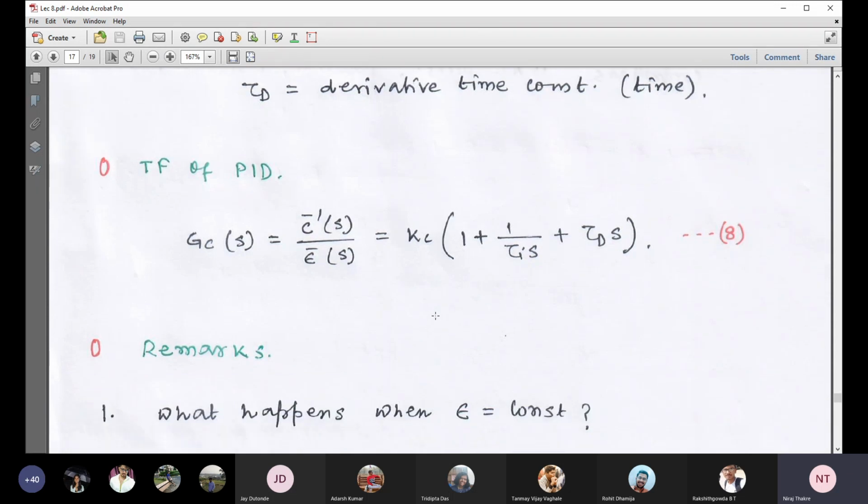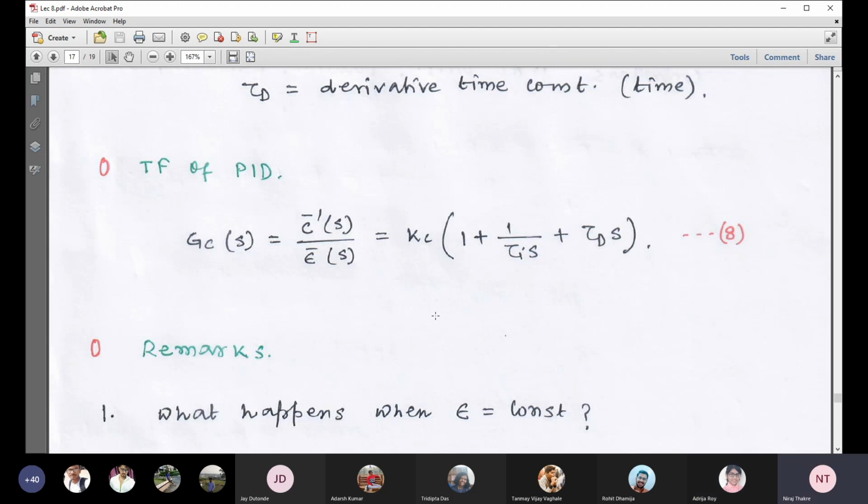First remark is, what happens when epsilon is equal to a constant? If epsilon is a constant value, what happens to derivative action? Anyone can give the answer? It becomes 0. Yes, it will be 0.